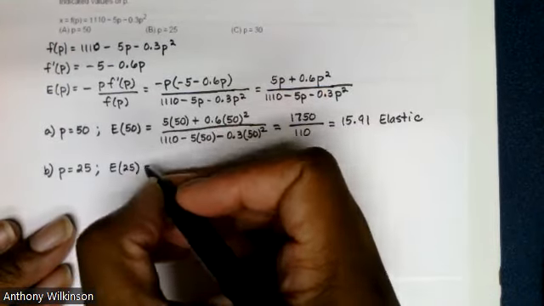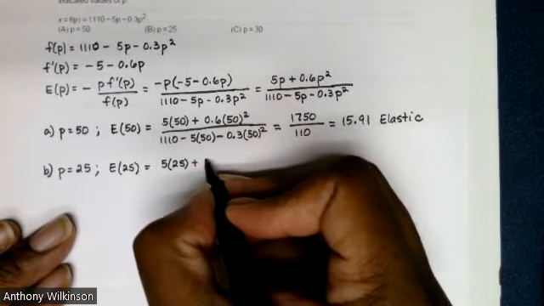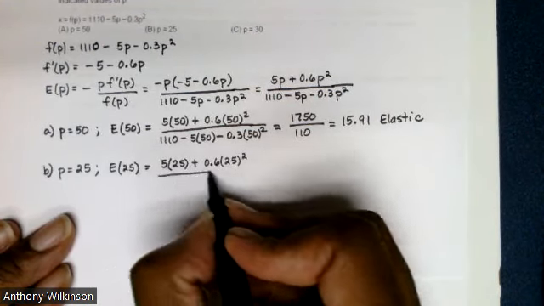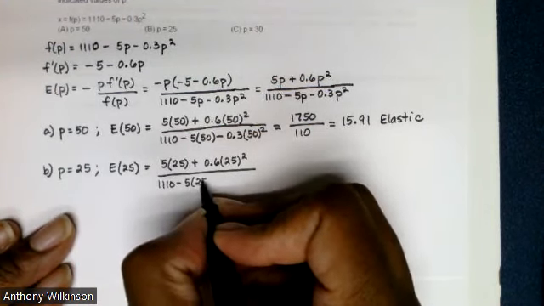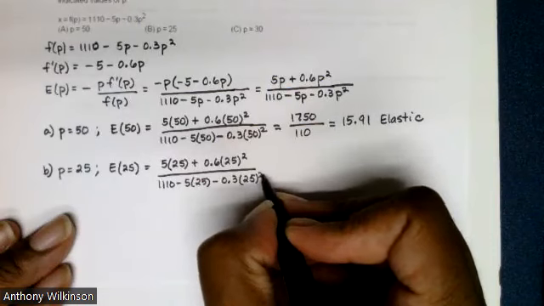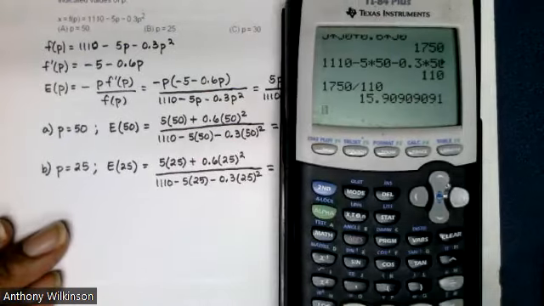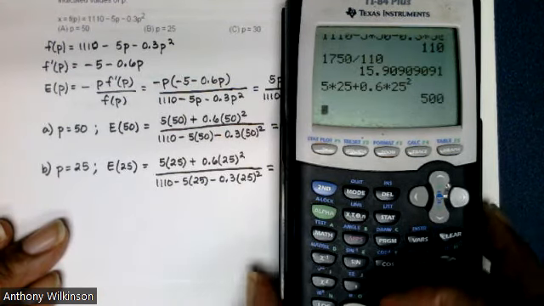So that means I'm going to have 5 times 25 plus 0.6 times 25, and that's squared, divided by 1110 minus 5 times 25 minus 0.3 times P, which is 25, and that's going to be squared. So in this case here, the numerator, I'll do 5 times 25 plus 0.6 times 25, and that's squared. This gives me 500.